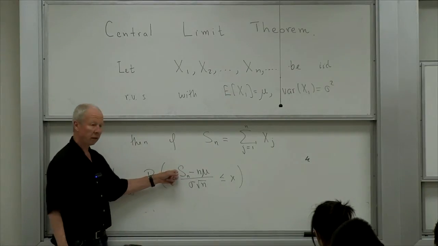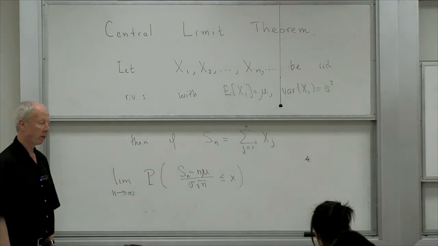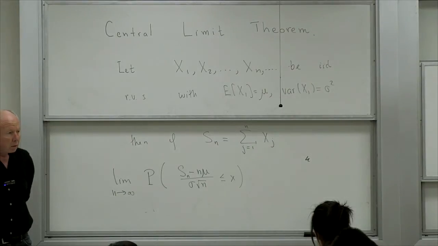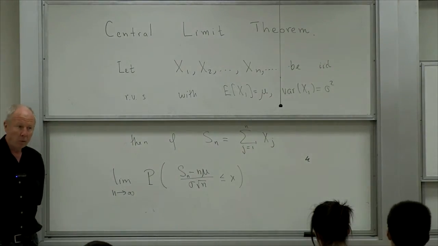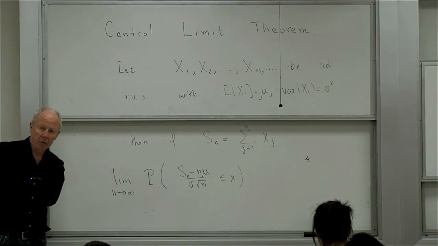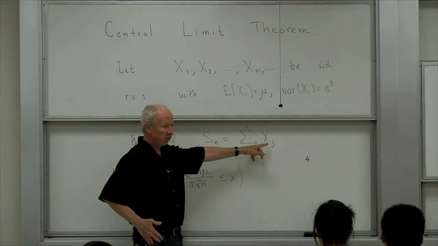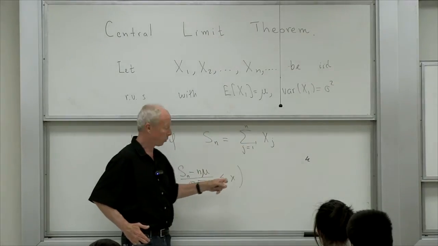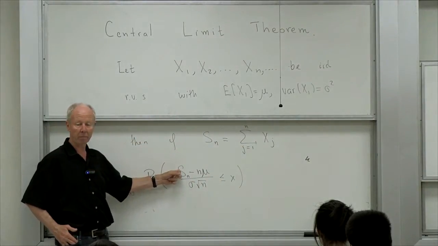What's the mean of Sn? What's the expected value of Sn? N mu. What's the expected value of a sum of random variables? It's the sum of the expected values, right? So if we add up the expected values of these guys, all of them are mu, and there are n terms, so it'd be n mu. So n mu is the expected value of Sn.